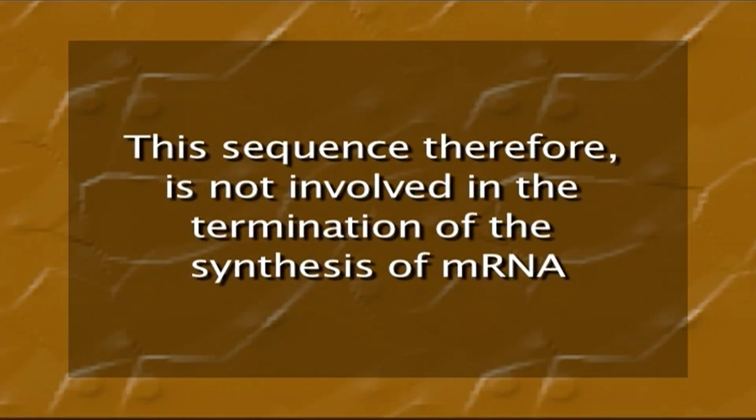This sequence therefore is not involved in the termination of the synthesis of mRNA, but helps in generating 3' end later through endonuclease cleavage, in which small nuclear RNA protein complex helps in an unknown manner.